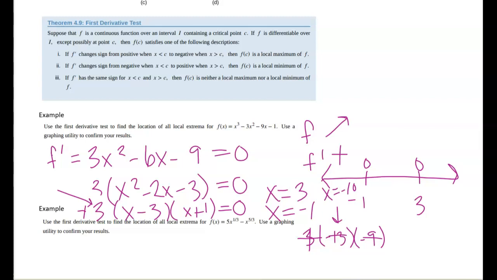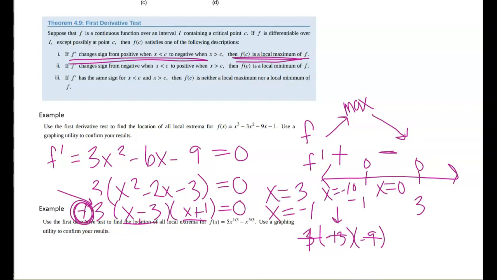All right, let's choose a number between negative 1 and 3. Let's choose x equals 0. Again, 3 is always positive. If I plug in 0, I get a negative and a negative, so a positive times a positive must be negative, meaning f must be decreasing on that interval. And I must have a local maximum because f is changing from increasing to decreasing, and f prime is changing from positive to negative.